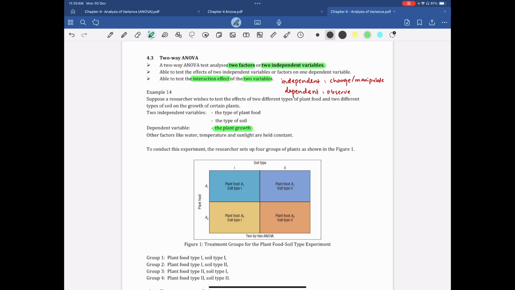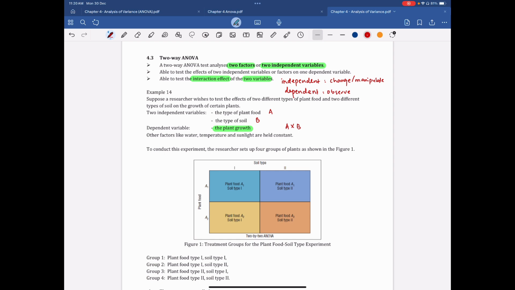Let's say that we have A and B. So you have an interaction effect between A times B. Instead of individual effects on the rate of growth, now you can see what happens if there are effects of interaction.